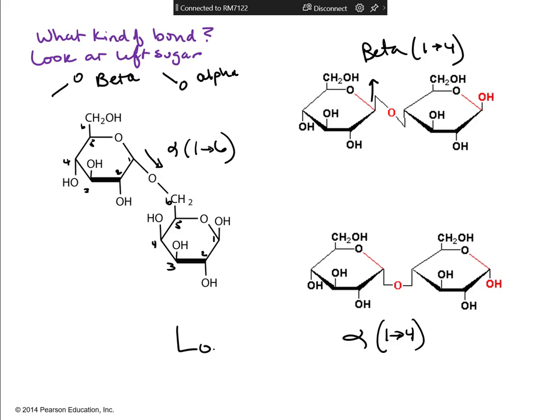So this and this, same thing, like a V shape or a U shape with that oxygen. And also this and this, same thing. It's just different ways of drawing the same glycosidic bond. Does that make sense?